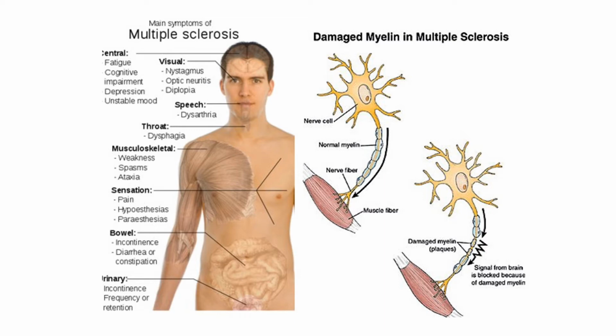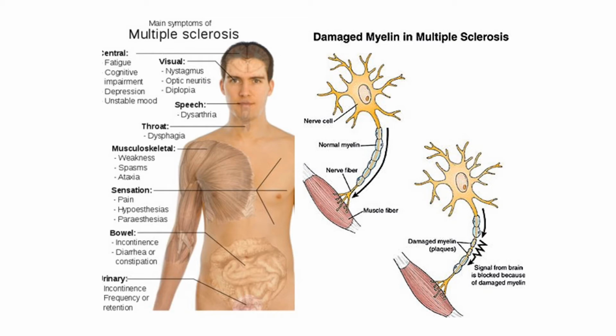They can have visual disturbances either related directly to the optic nerve in terms of inflammation of that nerve, but also the muscles surrounding the eyes. So double vision, where one eye drifts or both eyes drift, you can't focus your eyes as well. Or nystagmus, that kind of jerking motion that comes from the muscles in the eyes.